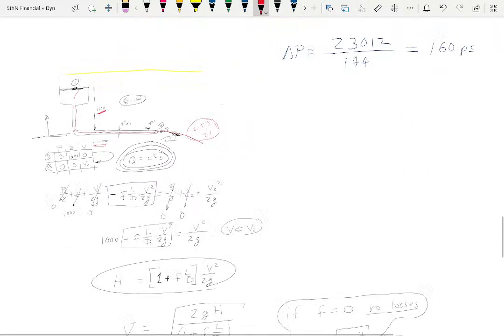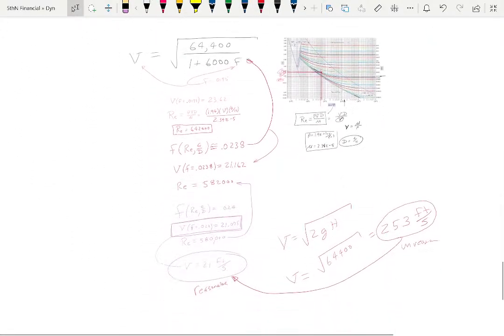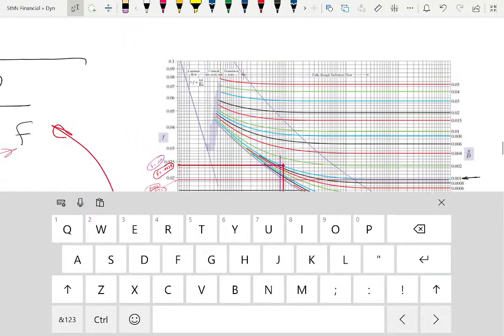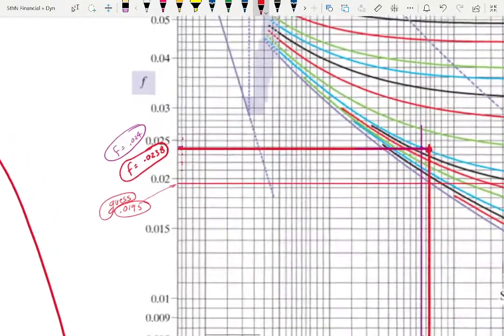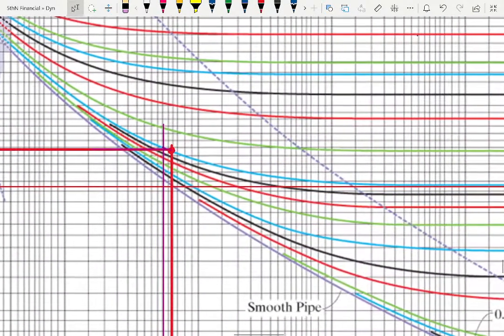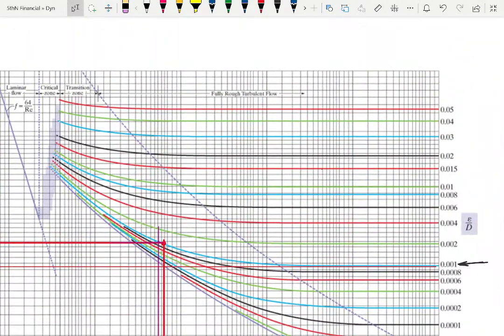So that's the way you do it with the Moody diagram. Sometimes you've got to iterate. The convenient thing, it's not convenient by design, it's just convenient factual, is that as you go out, these things remain almost constant throughout this whole region.